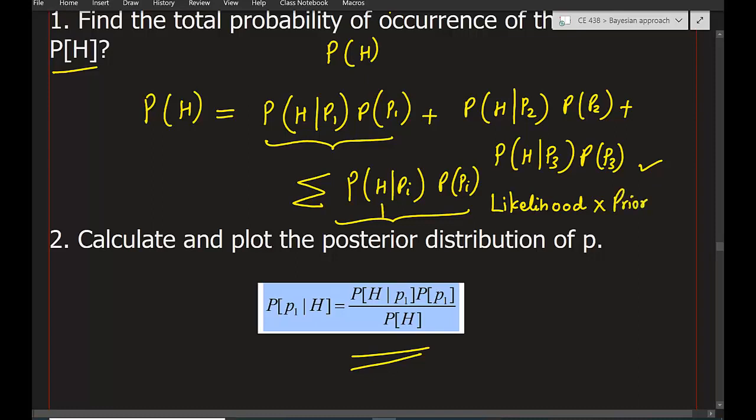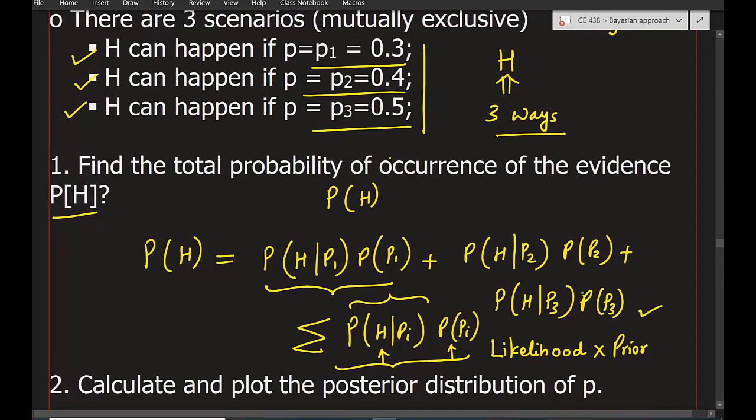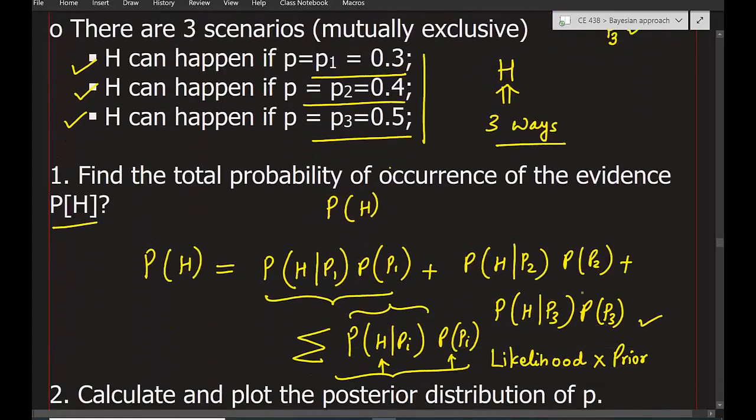So this term is the likelihood and this term is the prior. This is basically the normalization constant. This is P(H | Pi), the likelihood, and in this case we can use the binomial theorem.